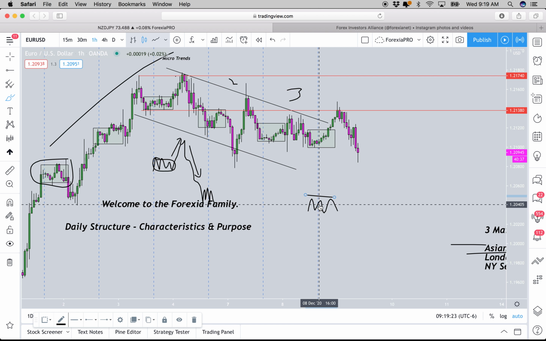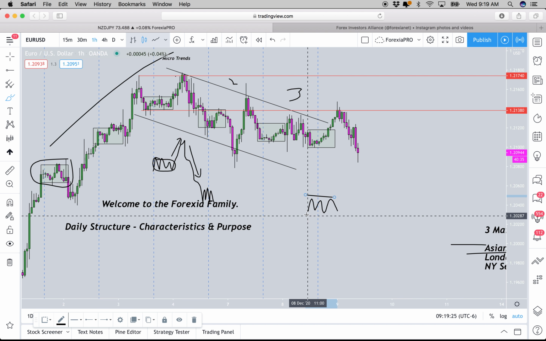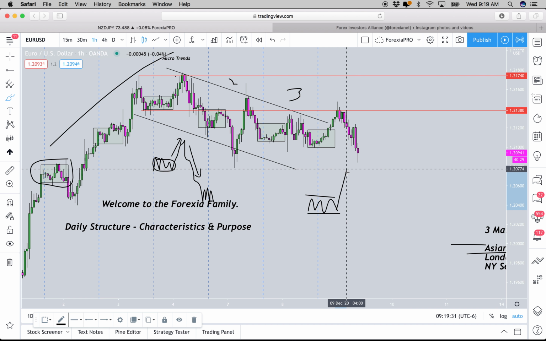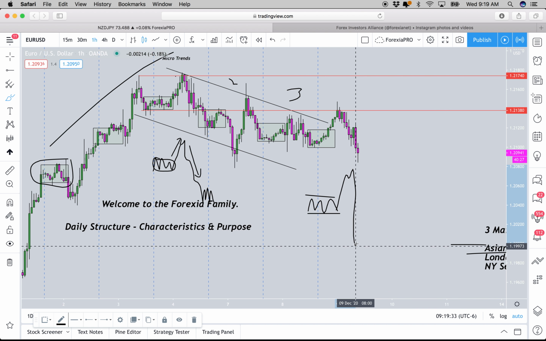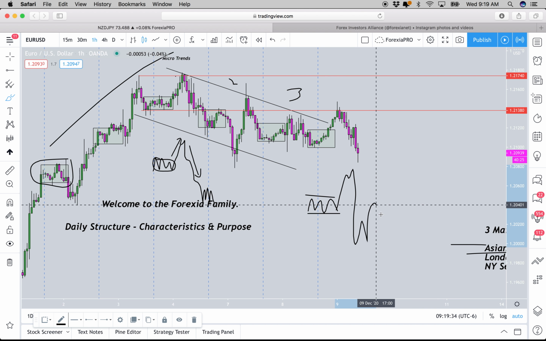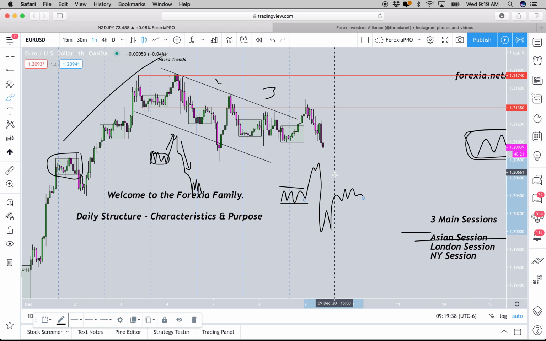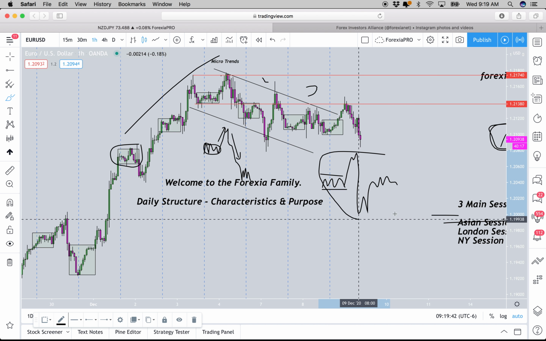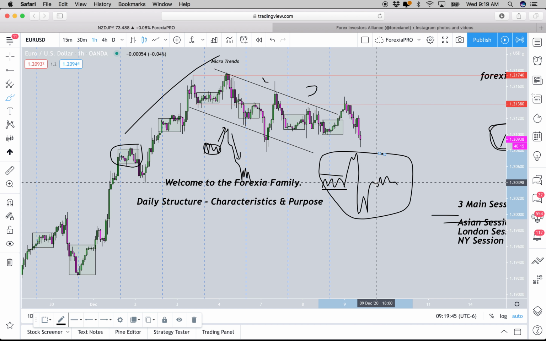So let's say this consolidation occurs. There's the breakout. You see this. All right, my art is absolutely terrible. So we kind of went over this. This is that structure that we went over.